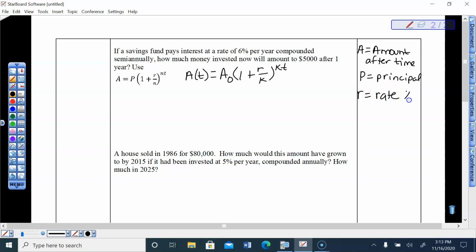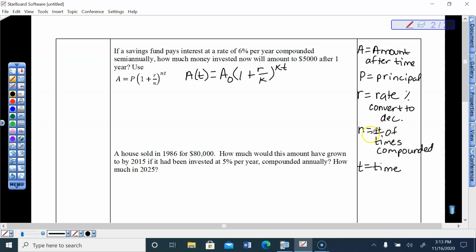Please make sure your percentage rate, make sure that you convert to a decimal before you do your math with that. N is the number of times compounded. And this is usually an annual interest rate, so this is the number of times compounded per year. And then, of course, T is the time.